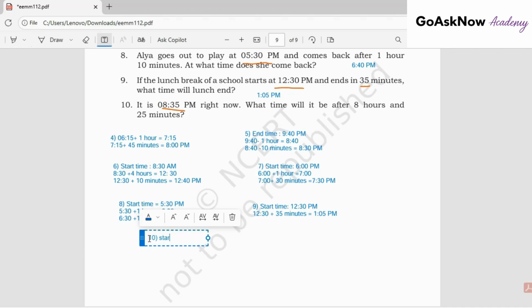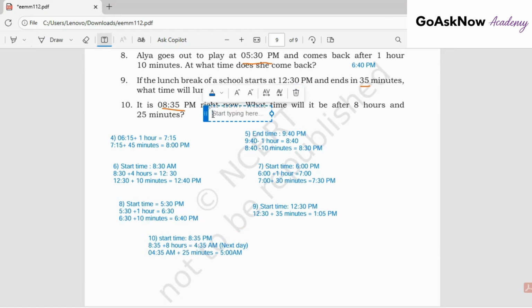The start time is 8:35 p.m. First we are adding 8 hours, which is 8:35 plus 8 hours, which is 4:35 a.m. It came to the next day, so we are putting a.m. Next after that, 4:35 a.m. plus the remaining 25 minutes is equal to 5 a.m. The answer is 5 a.m. Thank you.